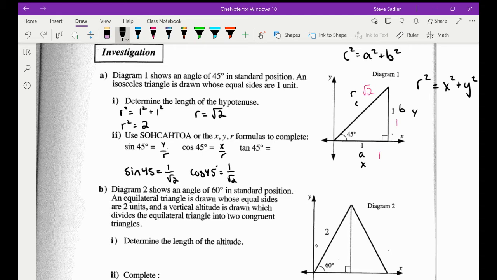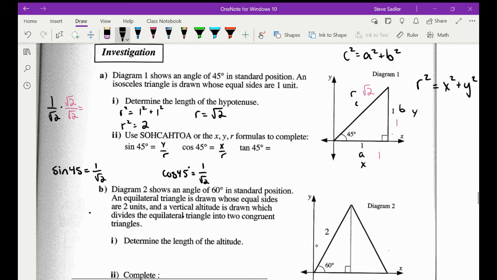Both of these, 1 over root 2, can be written differently. Let me just move this over so that we have some space. If you remember from our radicals unit, we don't really love having our square root on the bottom. So if we want to rationalize this, we can multiply both top and bottom by root 2, and that gives us root 2 over 2.